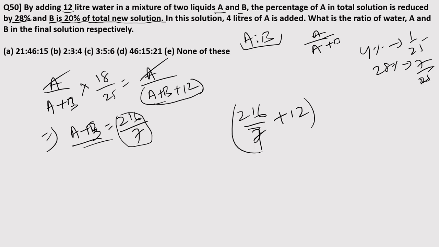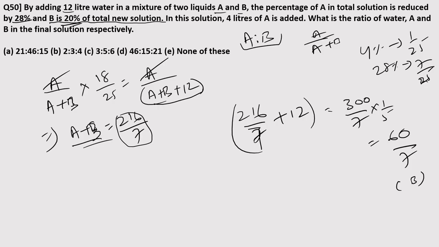This part is the new solution. 216 by 7 plus 84 is 300 by 7. This is the new solution, and B is 20% of this. 20% of this means this into 1 by 5. This is basically 60 by 7, right? This is the value of B.